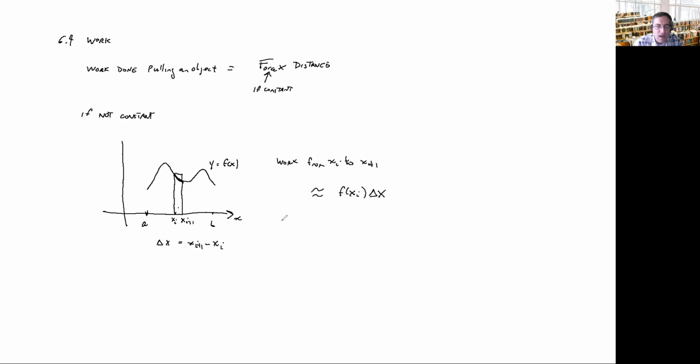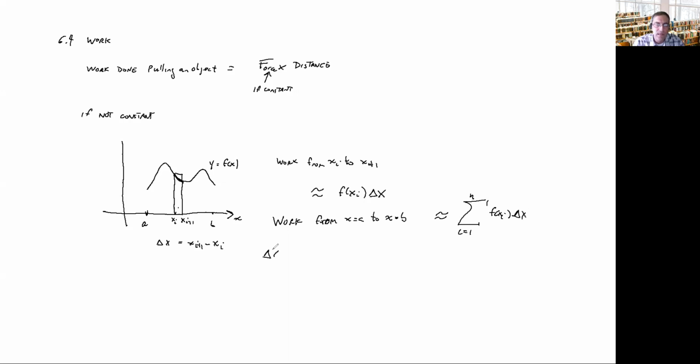Okay, and now if we want to get an approximation of the total work done from x equals A to x equals B, that's going to be the sum over all the strips you're going to be taking. So that would be the sum, i goes from 1 to n, of f of x_i times delta x. Well, that's just a Riemann sum.